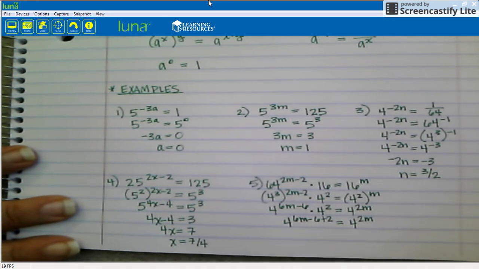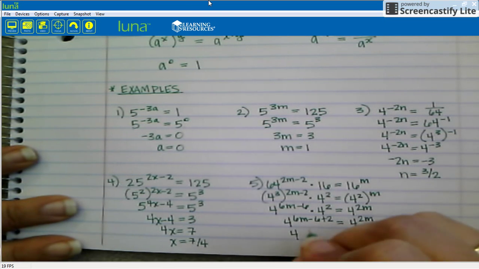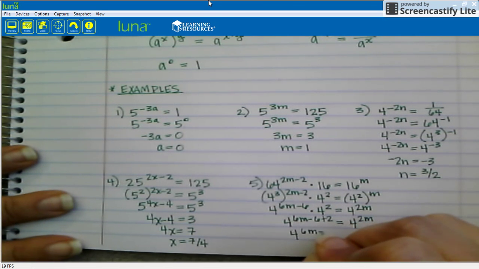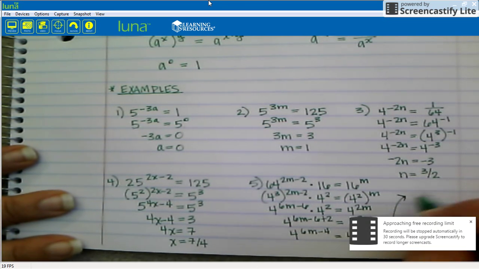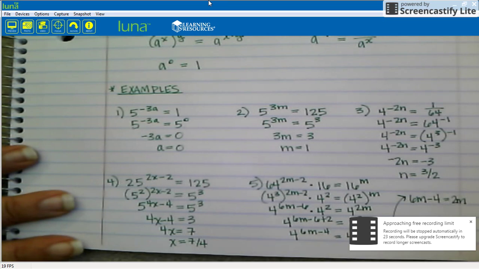So simplifying this down a little bit, this gives me 4 to the 6n minus 4 equals 4 to the 2m. And using the one-to-one property, I know that 6n minus 4 is equal to 2m. So negative 4 is equal to negative 4m, and m is equal to 1.